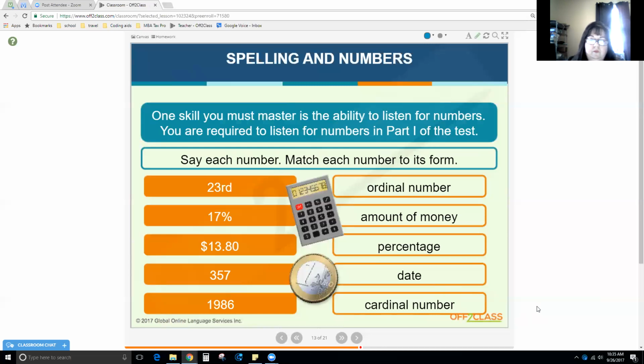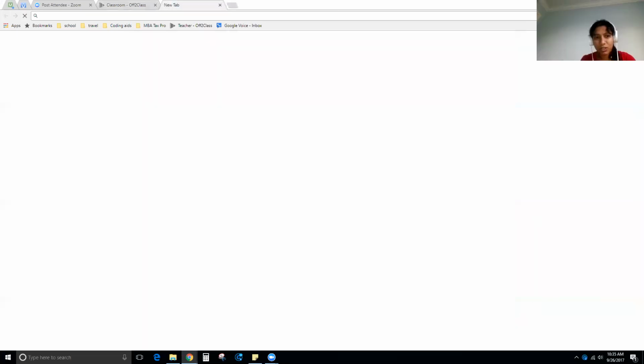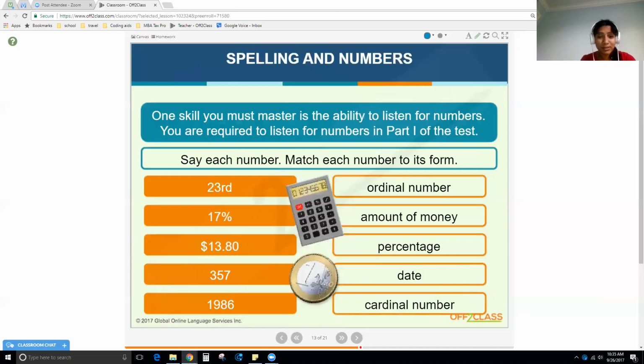Okay, 23rd. Good. And what is that? Ordinal number? I think that's right. You know what? I have to look that up too. So I'll pull a Google over here. I don't know what is ordinal and what is cardinal. It's been a long time for me too. So let me just double check because I don't want to tell you the wrong thing.